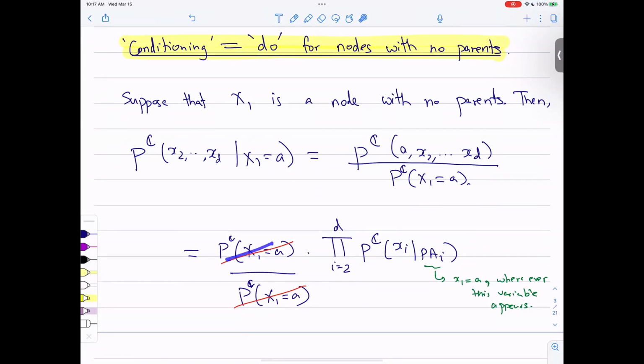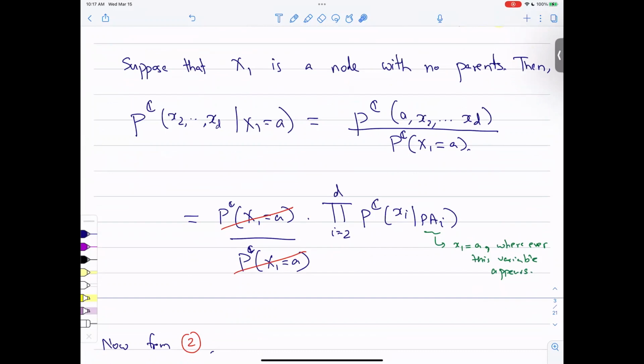So p of x1 equal to a cancels, and all you get for the joint distribution given x1 equals a is this product from i equals 2 to d of p of xi given parents of i. And when we are looking at parents of i, I've just told you what the parents are, but they also have values. So implicitly, whenever this particular node happens to be a parent, that value should be set to a. So this thing is a function of a. I've just hidden that notation.